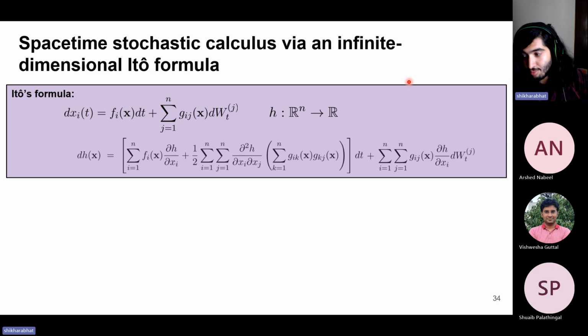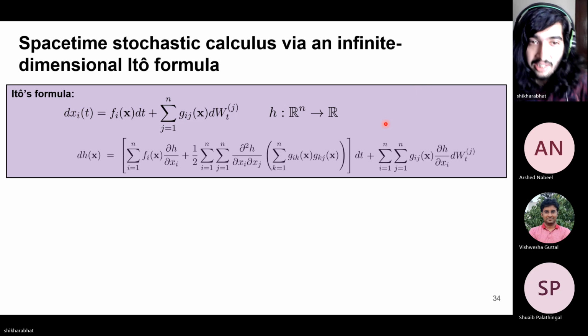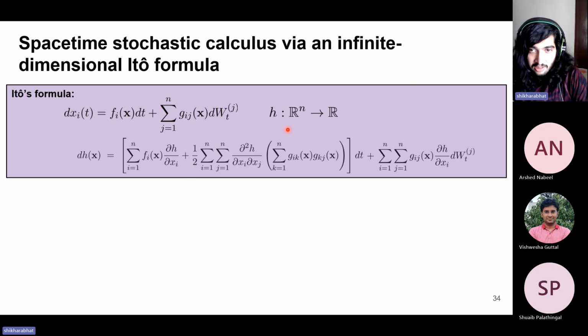I did not show this on the board because it can look a little scary because it has a lot of summations. But the important term is this extra term over here. Otherwise, it is the chain rule, but there is an extra term that occurs because dW_t squared is dt, roughly speaking. And this is Ito's formula, and it is incredibly useful.